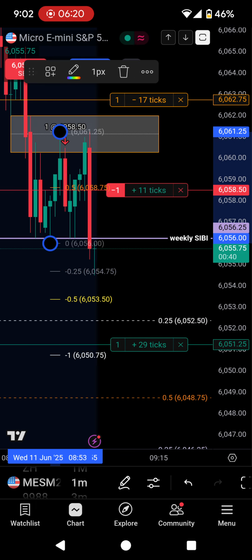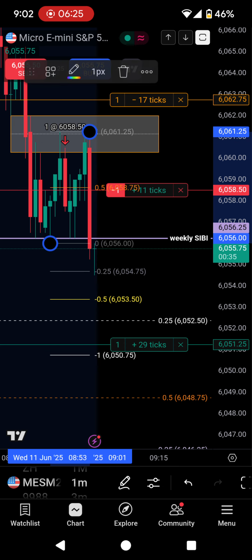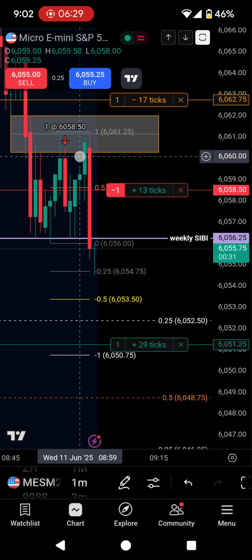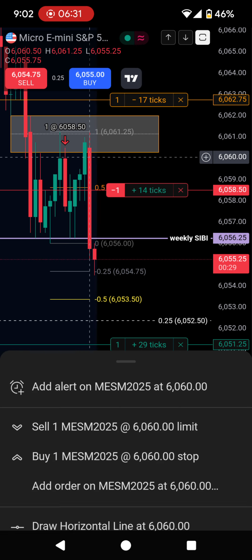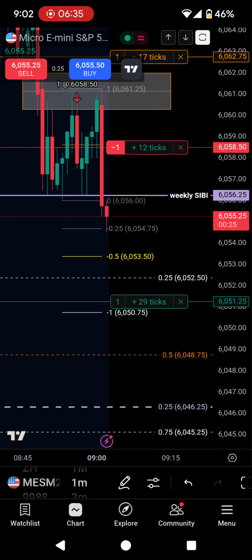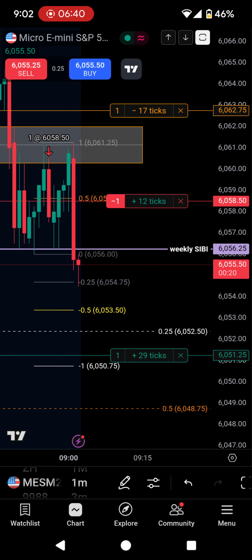Did it form a higher high? Let's see. 6061. How about this high? 6061.25, 6061.25. Okay, beautiful. So the fulcrum point is aiming for the -1 level, seeing if we can get it.